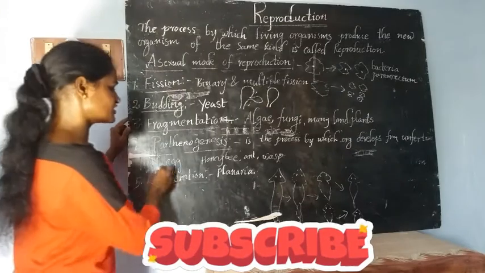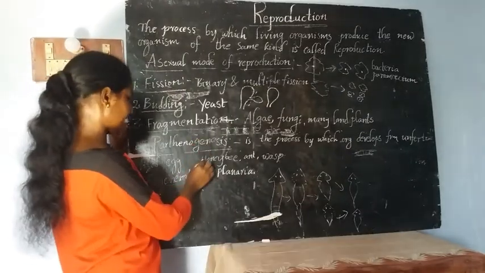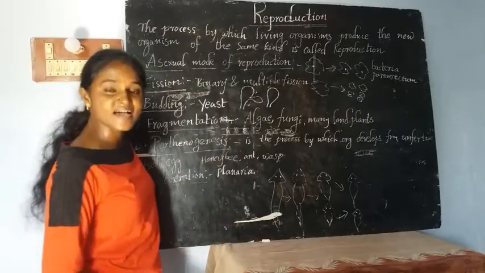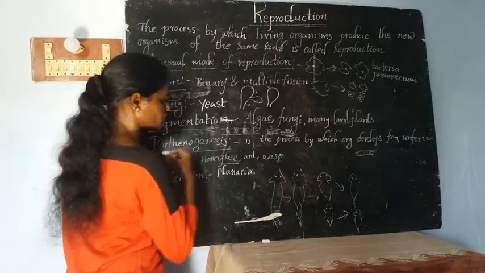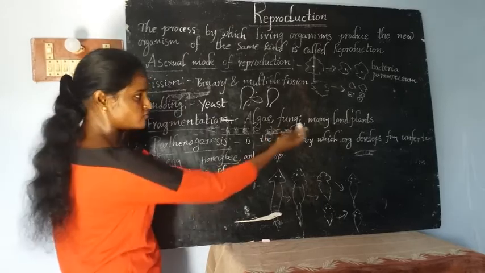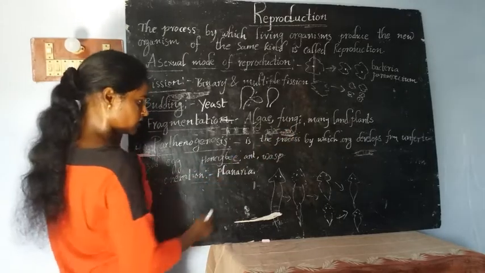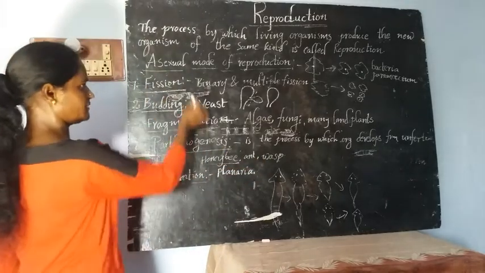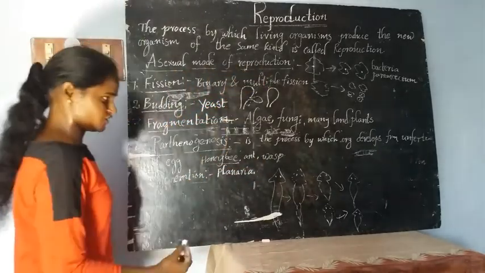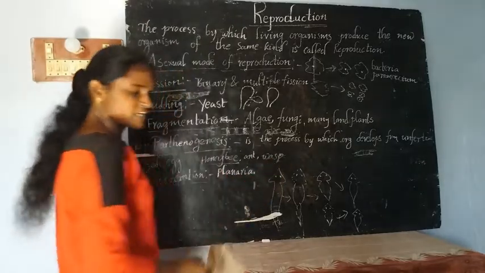Then see here, children. The best example for parthenogenesis is the honeybee. It is a parthenogenetic organism. An unfertilized egg directly gives the new organism, and ants also follow the same asexual mode of reproduction. And wasp, do you know what a wasp is?